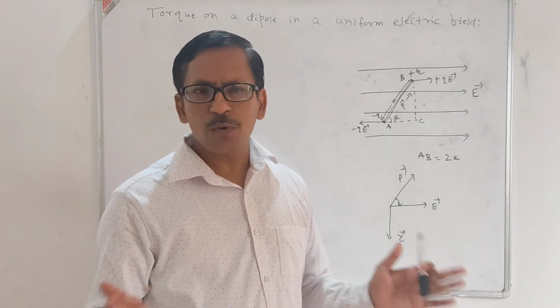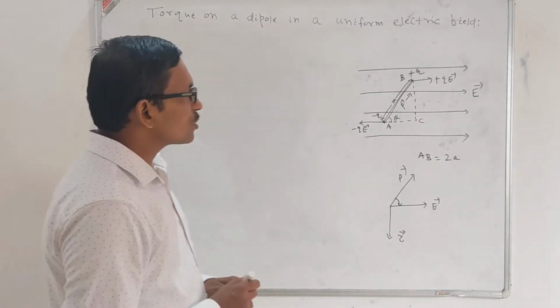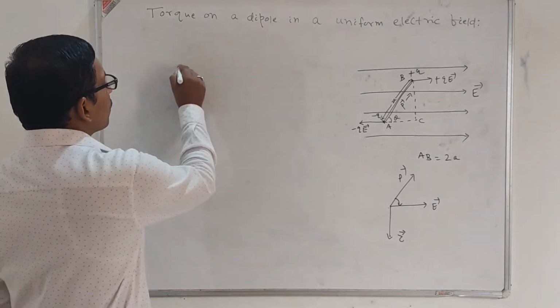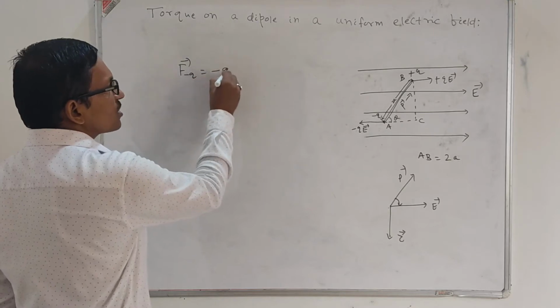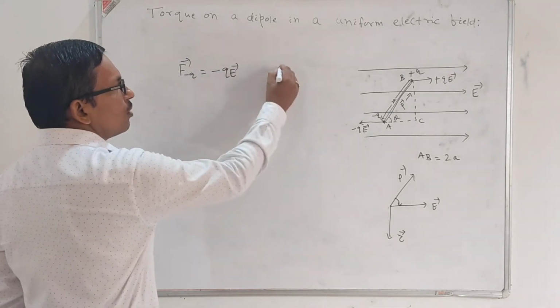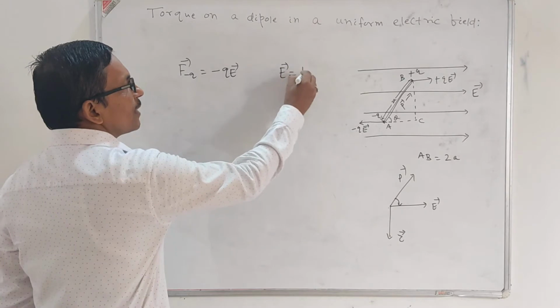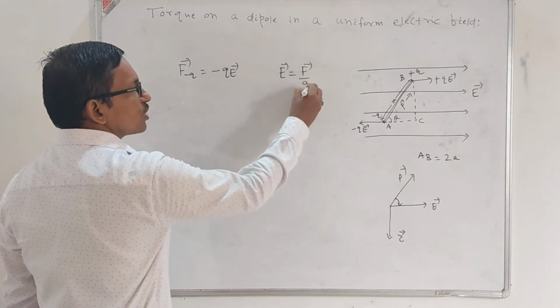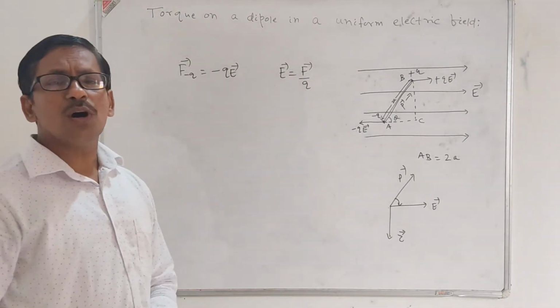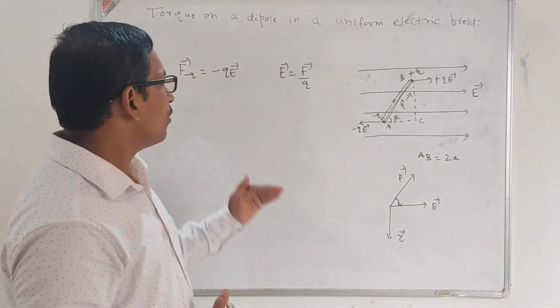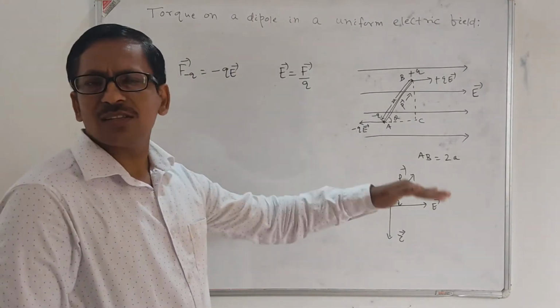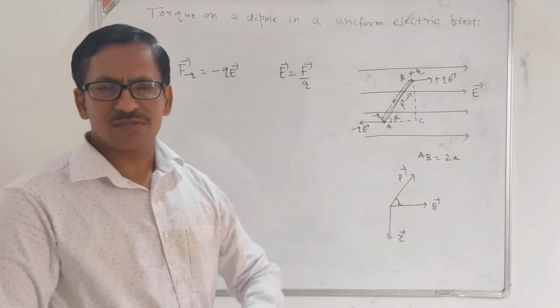First let us find the force. What is the force on charge minus q? The force on minus q is equal to minus qE. You know, E is equal to F by q. Electric field is nothing but the force per unit charge. So if a point charge is placed inside the electric field, it experiences a force.